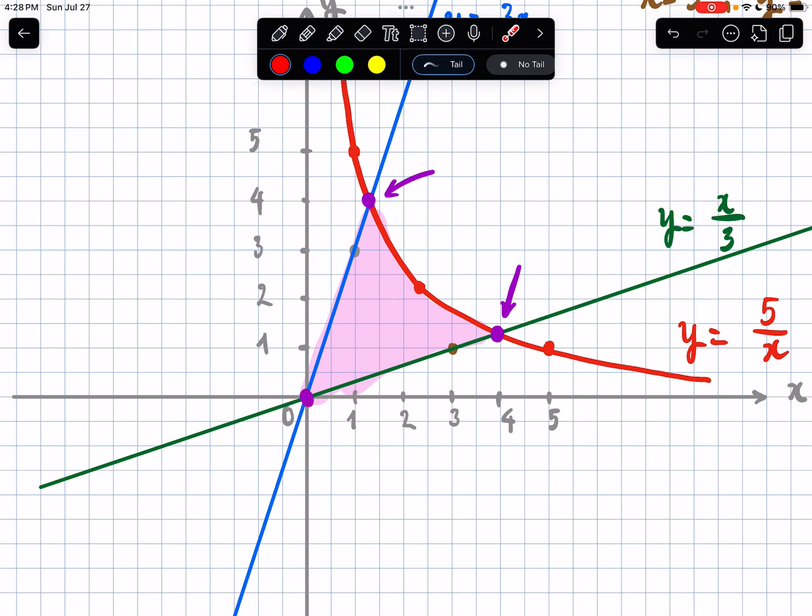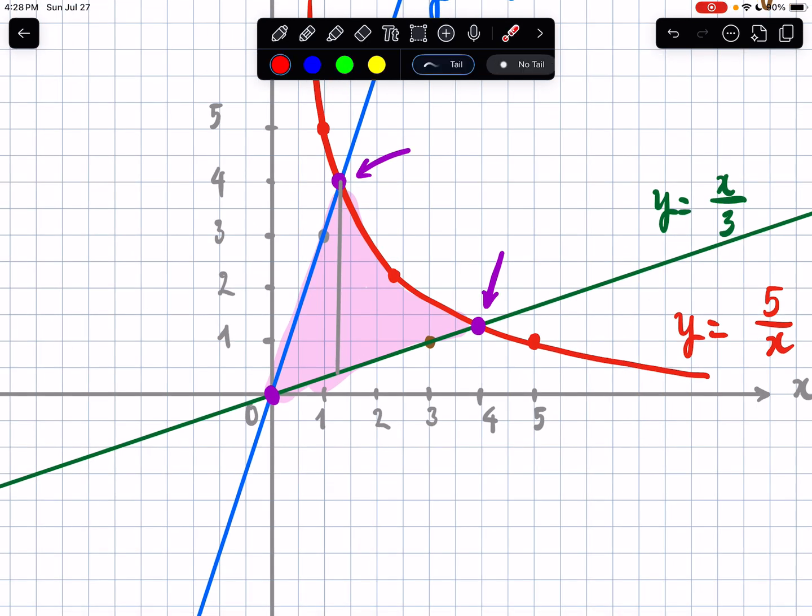We will compute the coordinates of the two intersection points, and then we can cut this region into 2 parts and compute the area of the first part plus the area of the second part.